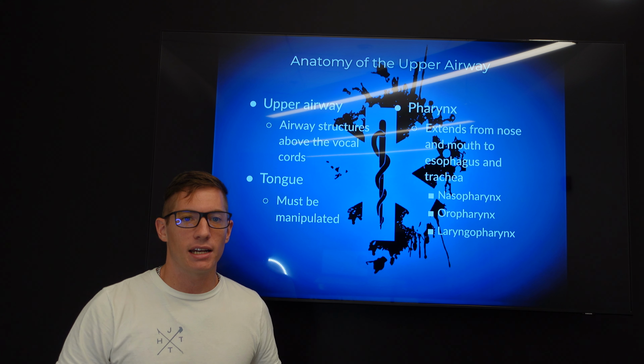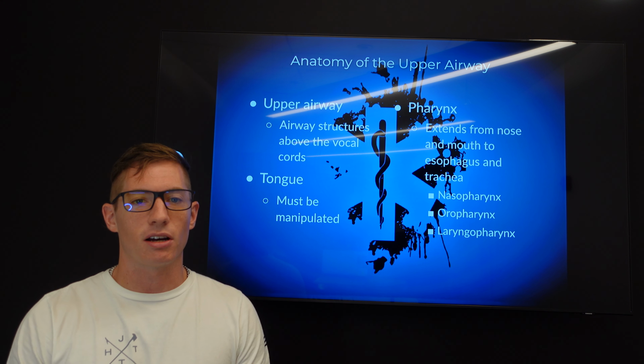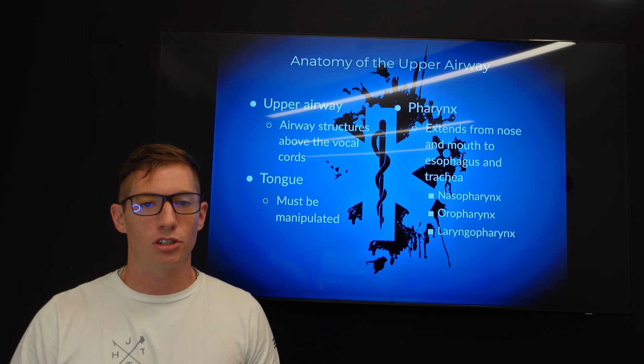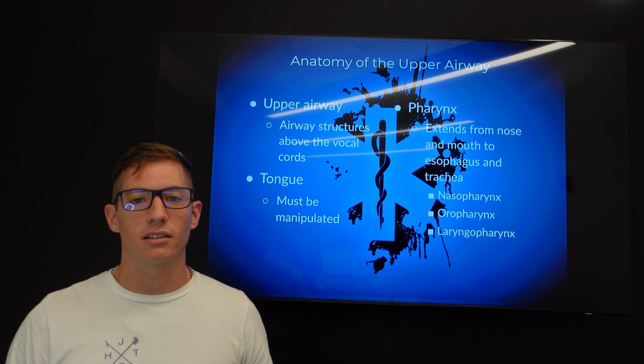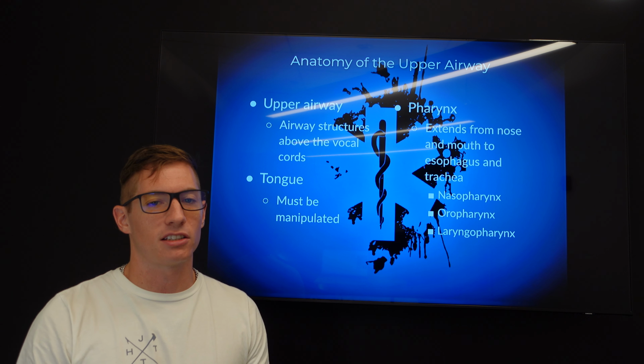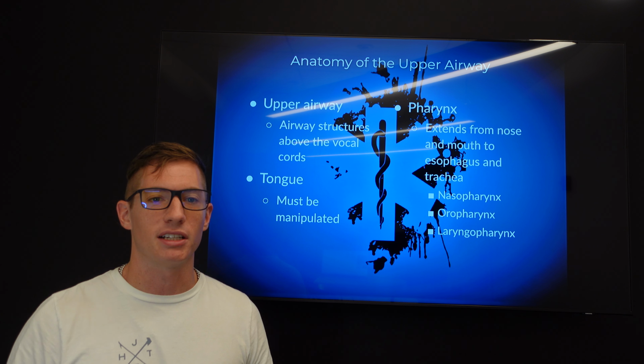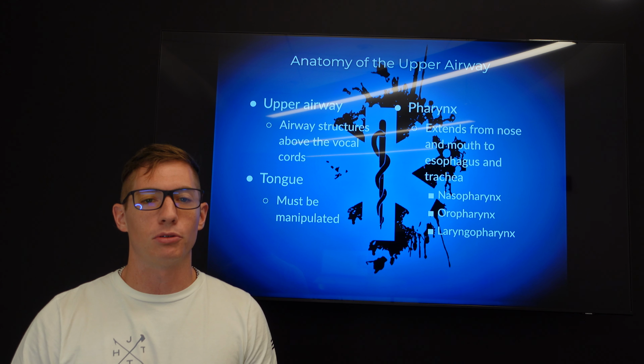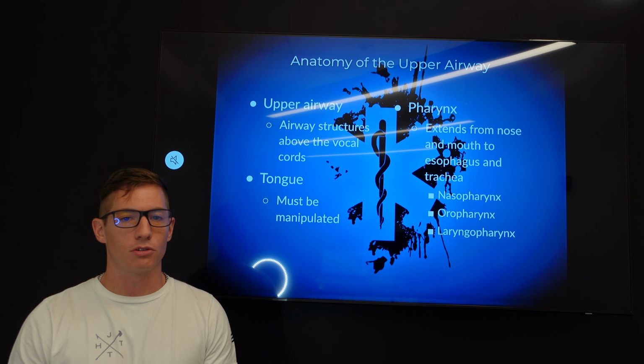Review of airway anatomy. The upper airway consists of anatomic airway structures above the glottic opening. The glottis is the space between the vocal cords. Then you have the tongue, the anatomic structure that most often must be manipulated, as it tends to fall back into the posterior pharynx in unresponsive patients.